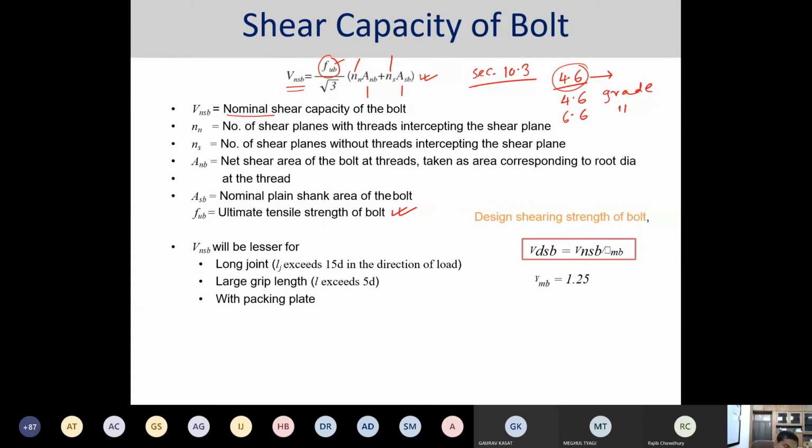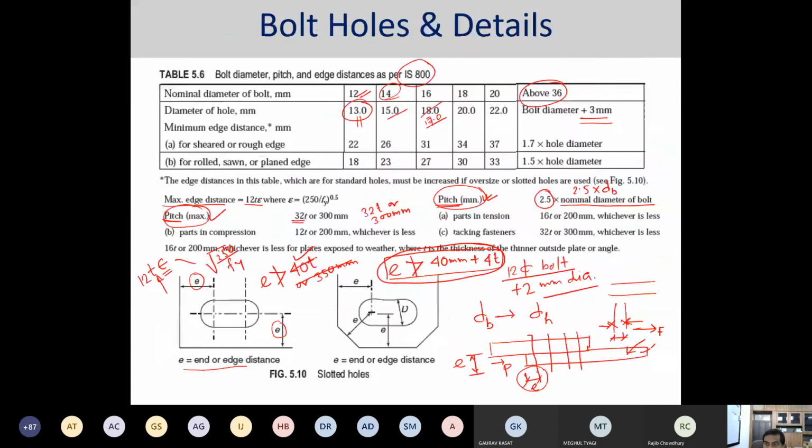Okay, what is the next thing? The next thing is NN. N suffix N means the number of shear planes that you have to identify with the thread intercepting the shear plane. Can you identify the previous figure?